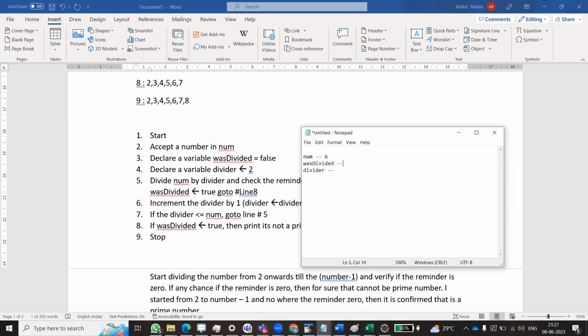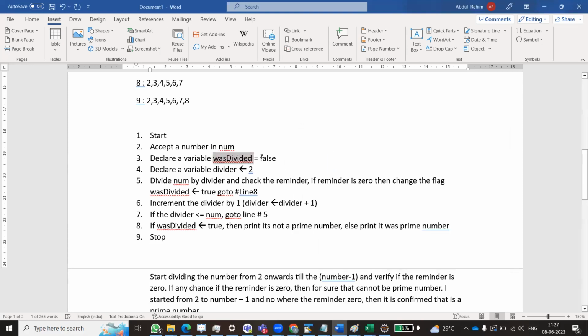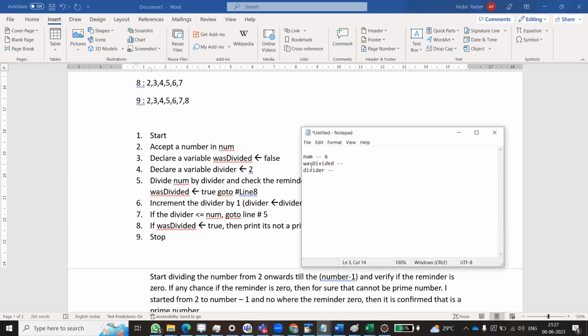Line number 3, what does it say? Declare a variable was divided, false. I'm storing the value false in divided.